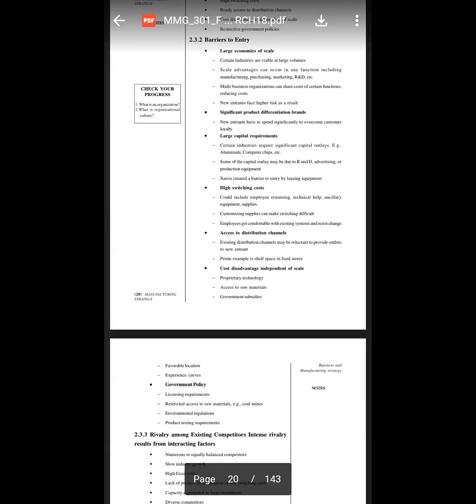So the employees don't want to make a change, and this is also a barrier. Now, access to distribution channels. See, a prime example is shelf space in a food store. Existing distribution channels may be reluctant to provide outlets to a new entrant.